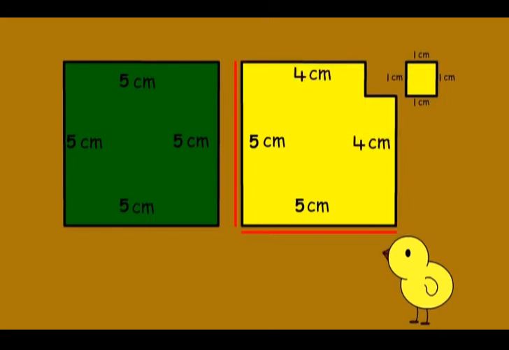Wait, Chick. Watch carefully. Now, you have to add this 1 centimeter and this 1 centimeter also. Now, can you tell which is bigger? Futta, both are the same.